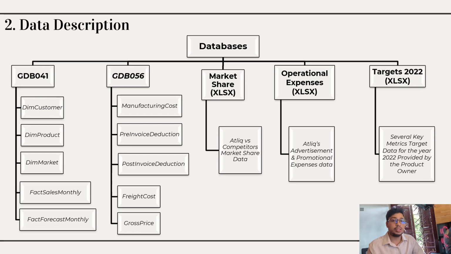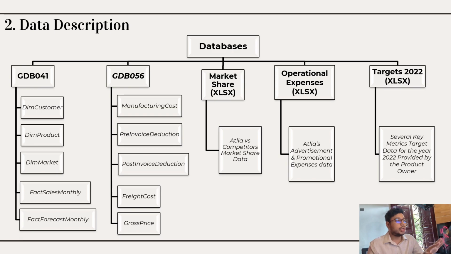The freight cost is the courier charge, or how much it cost to ship a product from Atlic hardware down to the retailers, and the gross price is the overall price.